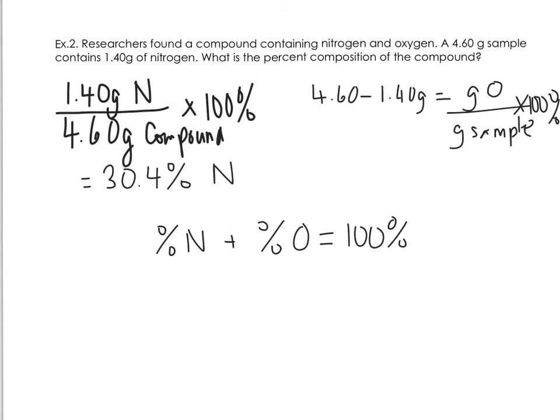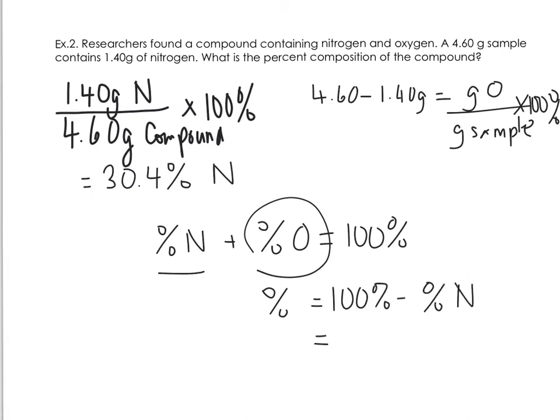So if we know this quantity, we can solve for this one. So the percent oxygen is equal to 100% minus the percent that is nitrogen. So 100 minus 30.4 is 69.6% oxygen.